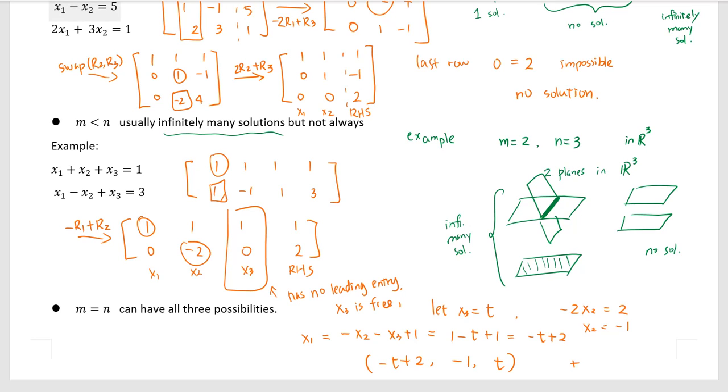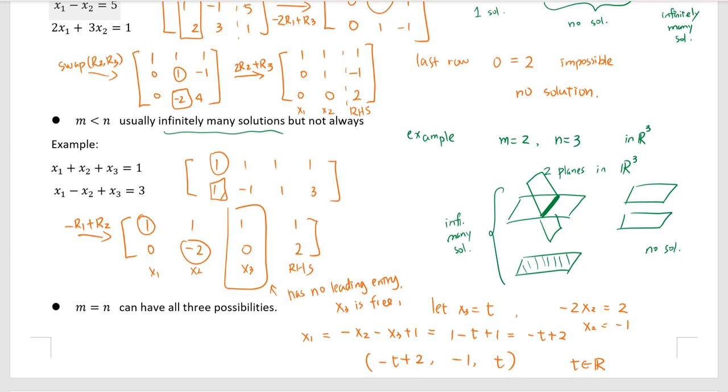So we get a one parameter family. It is a line. Two planes intersect, and then we get a line in this case. When m equals n, if we have the same number of equations and unknowns, then we can have all three possibilities. And we already talked about that in the previous sessions.